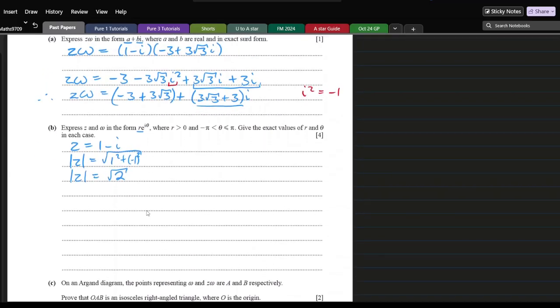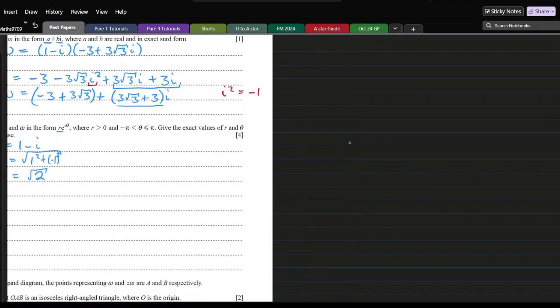And then next we need to find the value for theta. So I'll do it on the side here. Let's draw a complex plane. This here is the imaginary axis, and then we've got our real axis.